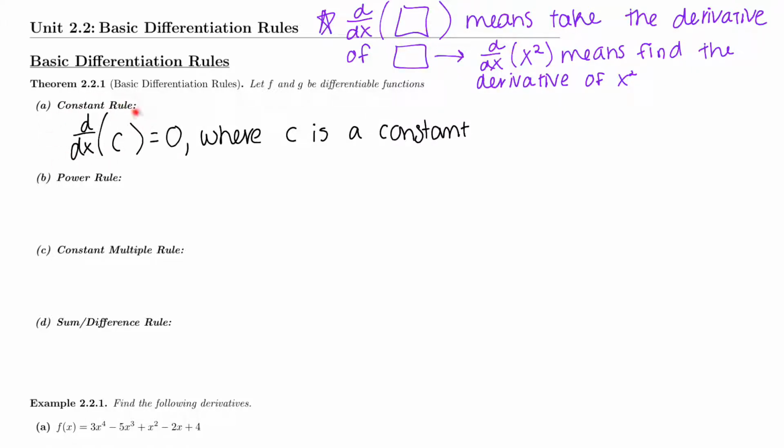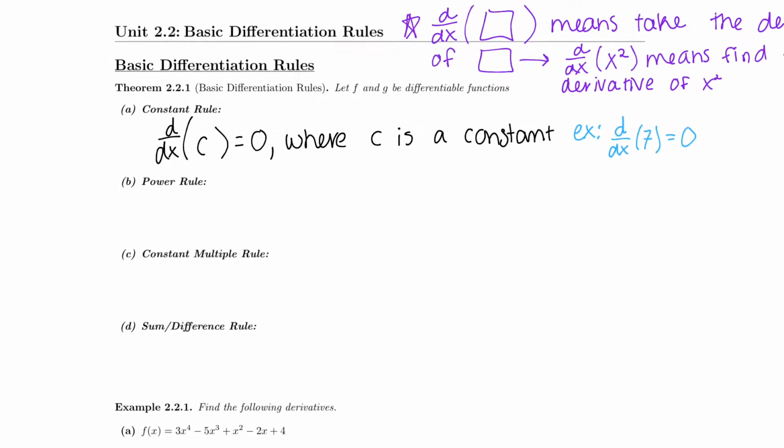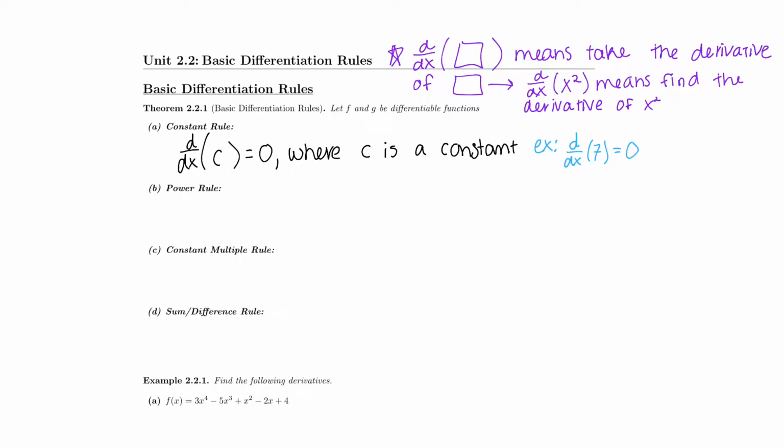So if you're doing the derivative of a constant, that derivative is 0. So as an example, if I said take the derivative of 7, the derivative would be 0. Taking the derivative of a constant gives you 0. And this makes sense visually. If you think about what a constant function looks like, a constant function is just a line like this.